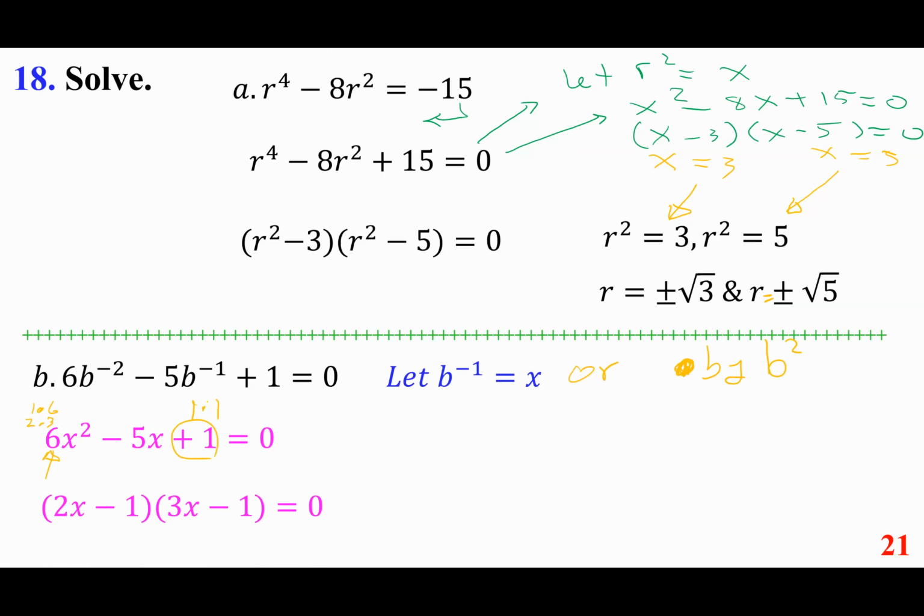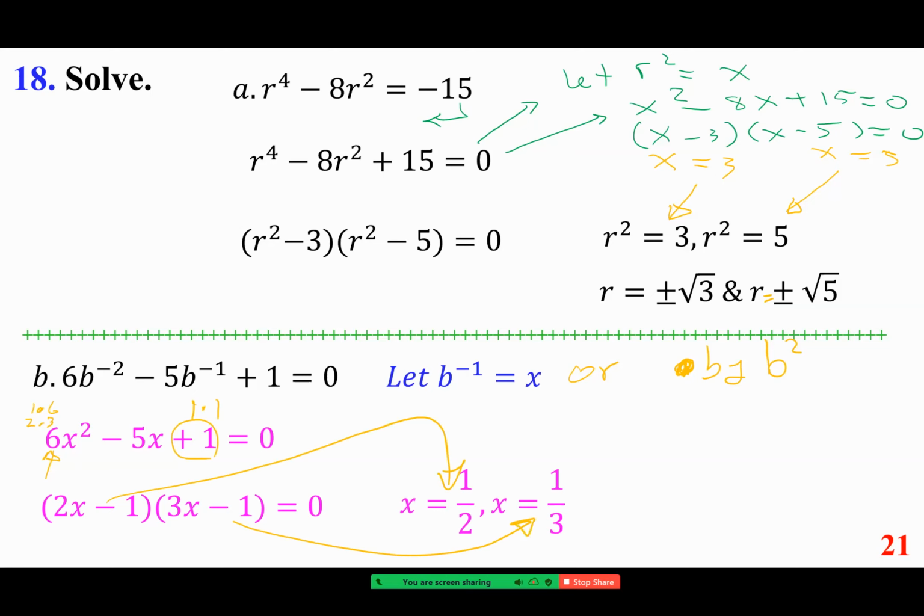So x is either 1/2 or 1/3. Now, it is important to understand the meaning of this. x is b to the power of negative 1 means 1 over b is x. That means b and x are reciprocal of each other, or you can say b is 1 over x. So the reciprocal of the two numbers, 2 and 3, are what we are looking for.